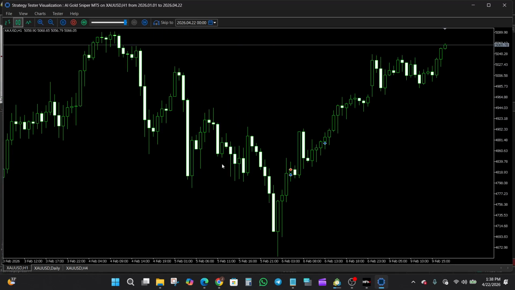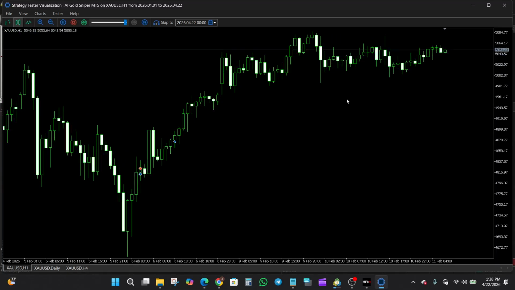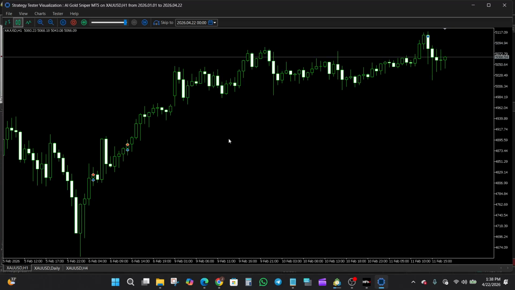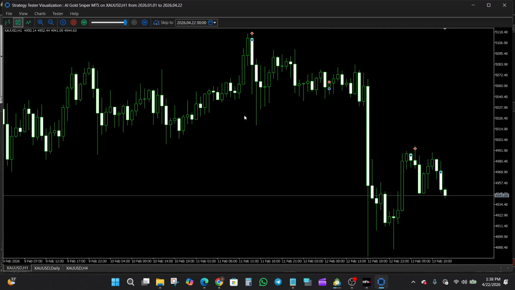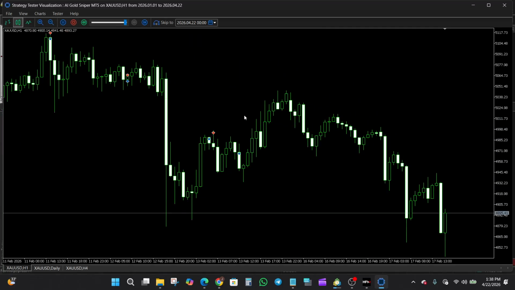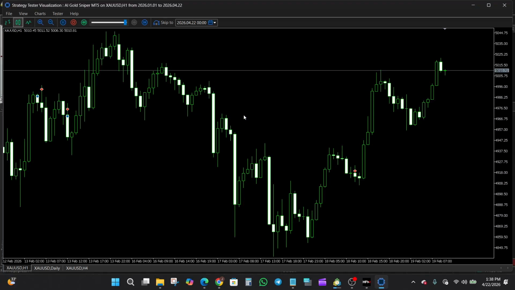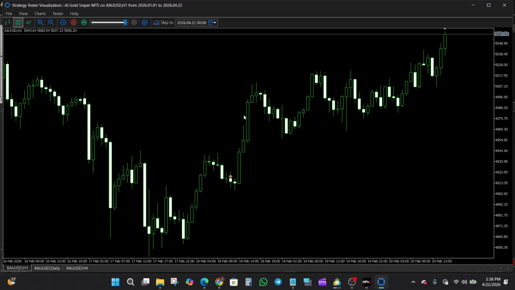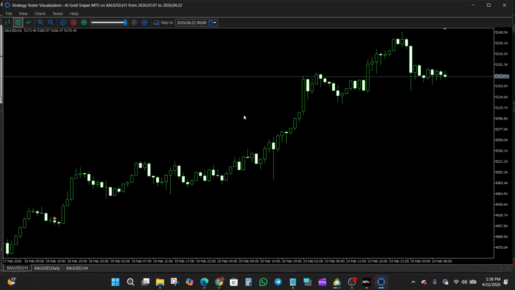Okay, you will see that price is moving. You will see that there are several occasions price has been moving, but the EA doesn't just enter random trades, right? So it shows that it's not trading frequently, it's being selective with the trades. Okay, so overall, what we are seeing here is a trend following precision based trading system with strict risk control.